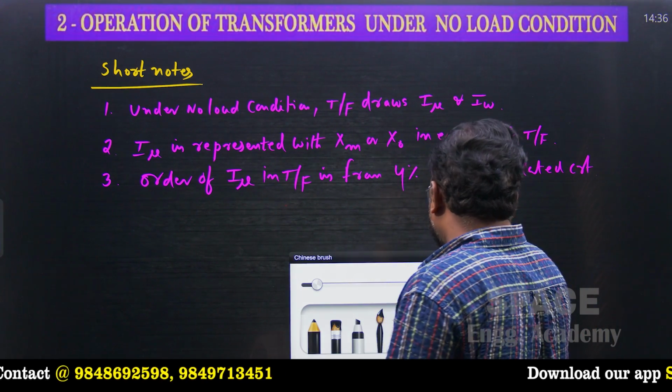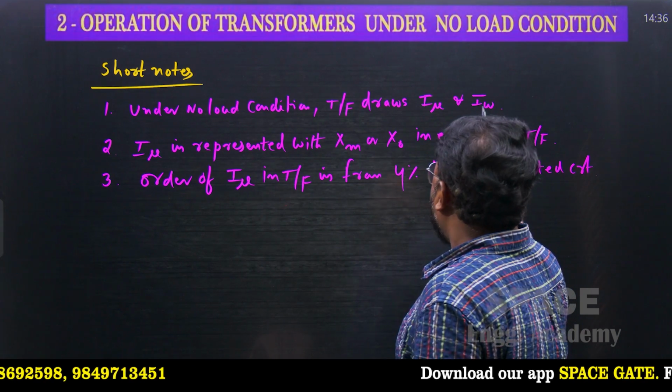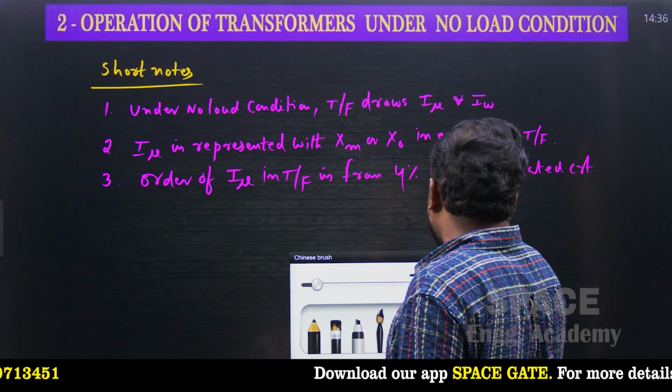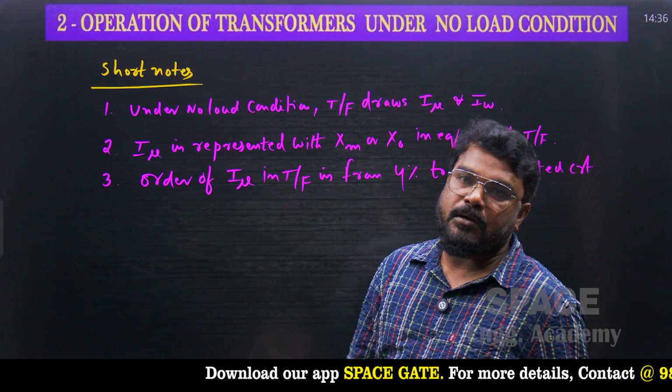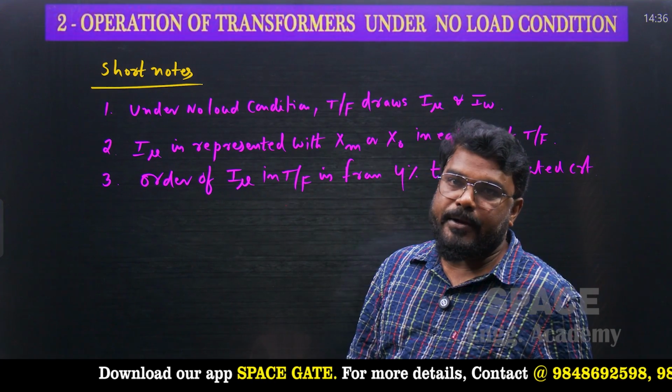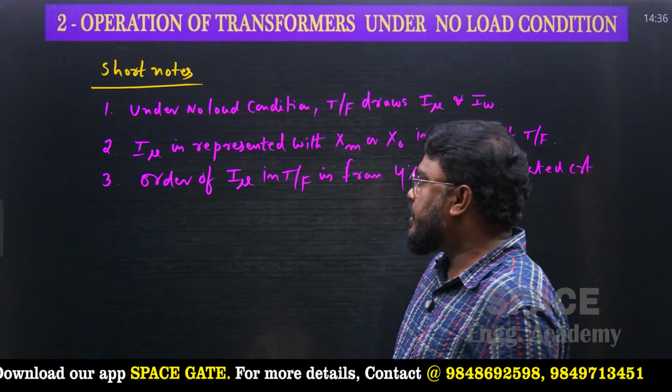And next, another possible question: how do we represent iron loss component of current in the transformer? What is the suitable element to represent the iron loss component of the current?